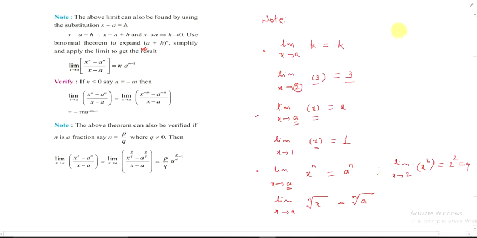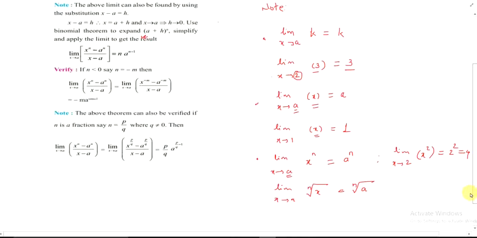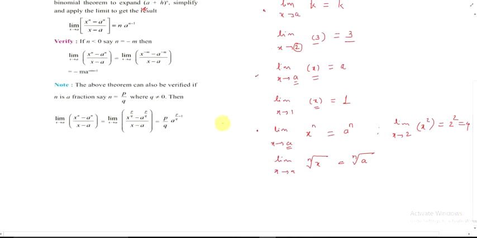Let us have one example for this result: the limit as x tends to 2 of root x is equal to root 2, or it can be written as 2 raised to half.